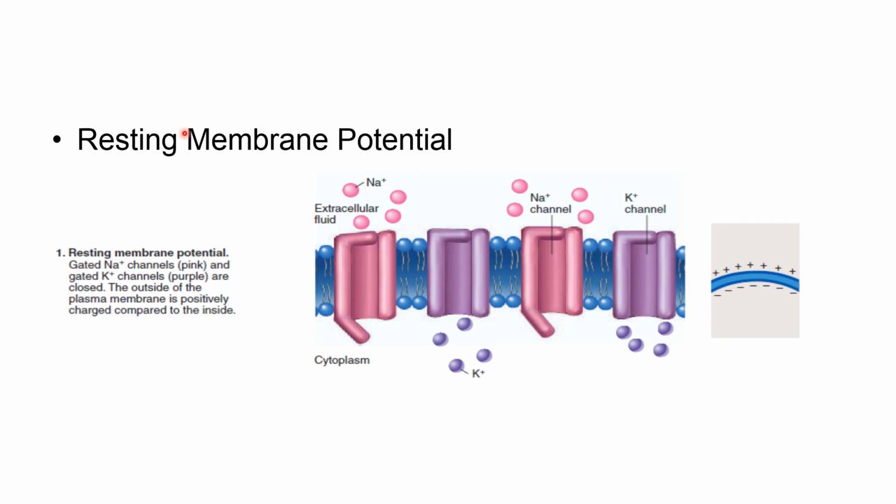But resting membrane potential exists along these three membranes when they are not producing electric signals, when the membrane is at rest. And when the membrane is at rest, the contribution of different anions and cations inside and outside the cell creates the difference of charges, called potential difference or resting membrane potential.